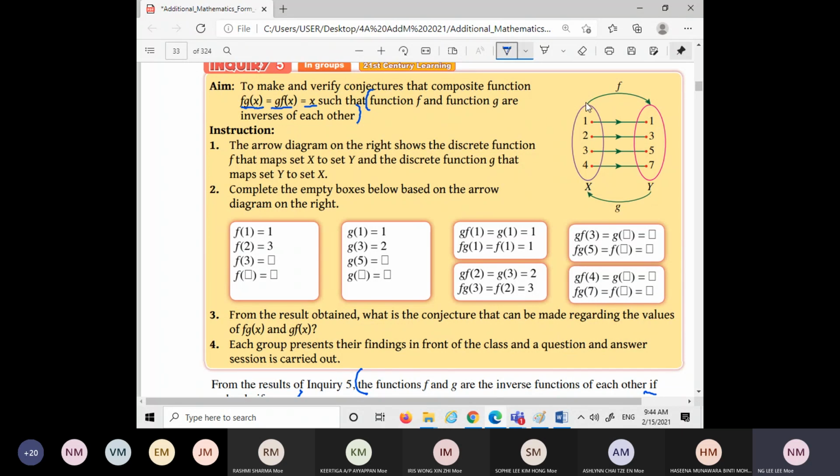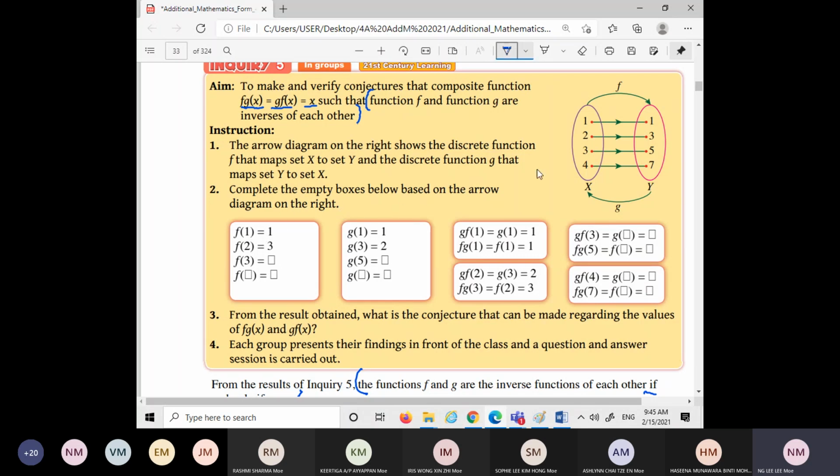Function f maps from X to Y, function g maps from Y to X. We want to prove this: if you look at this mapping diagram, you will know that g is the inverse of f, and likewise f is the inverse of g. Complete the empty boxes below based on the arrow diagram on the right.